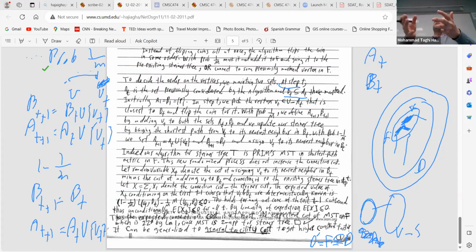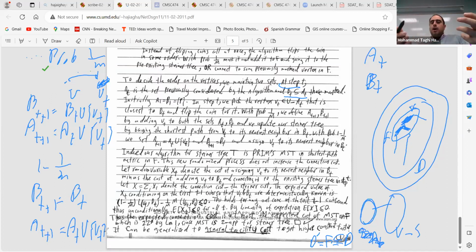Why? Because I want to create a minimum spanning tree on the set of facilities. Because it's a metric, you can always consider the vertex closest to B_T. Either it will be selected as a new facility, which is essentially the same as how Prim's algorithm works, or it will not be a facility, in which case it is in A_T but will be connected to the closest facility in the set B_T.